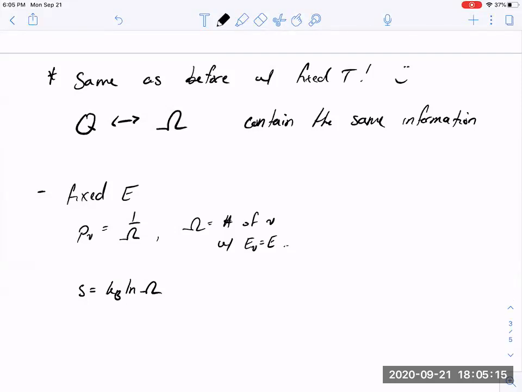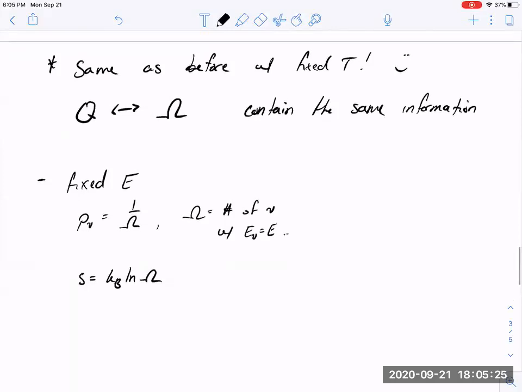The distribution of microstates that a system can sample under fixed energy, we refer to as an ensemble. So a distribution of microstates in general would be referred to as an ensemble. And under conditions of fixed energy, we would call this the microcanonical ensemble.